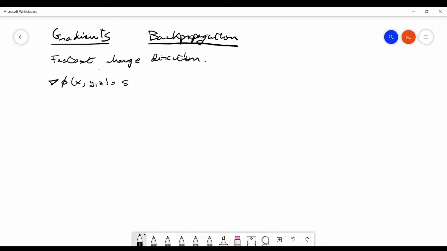It's the partial of the field in terms of x in direction i, plus partial phi, partial y, j, plus partial phi, partial z, k. Now, if you're not used to this sort of notation, don't really worry about it. All it means is just 3 different dimensions.